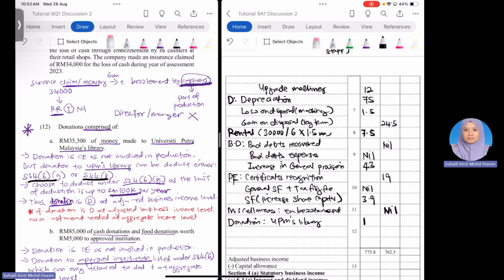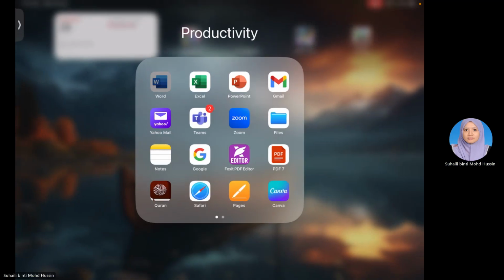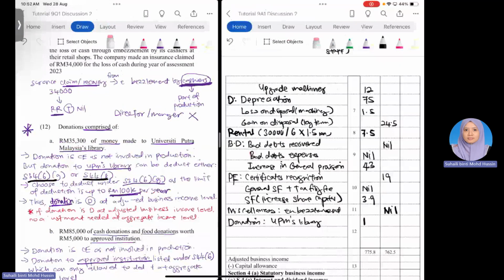Okay, we go for the second donation. The company made a donation to the approved institution. Same, donation is not part of the trading or production transaction, so donation is capital expenditure.